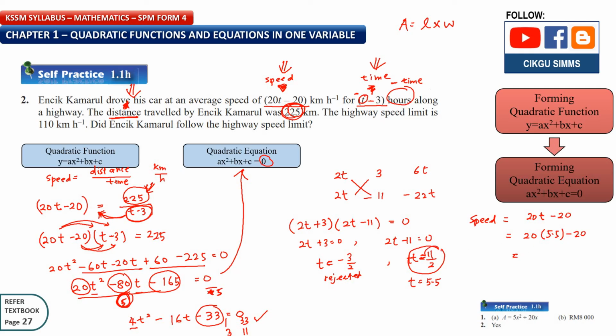It's easier if you change it to decimal, it becomes 110, right? So 90 km per hour. So this speed is less than 110, which is the speed limit. So Encik Kamarul did follow the highway speed limit overall. So your answer is yes, he followed the highway speed limit.